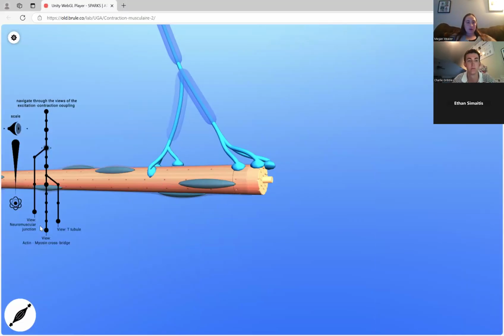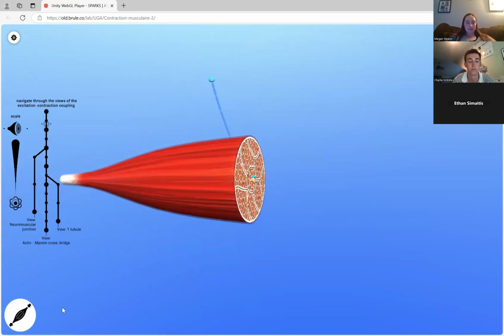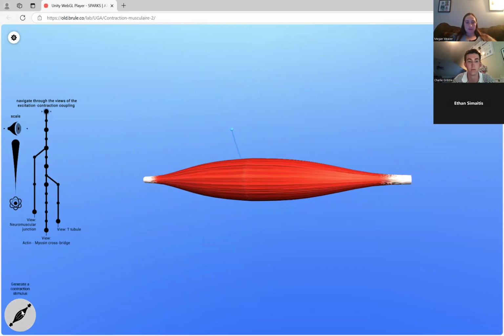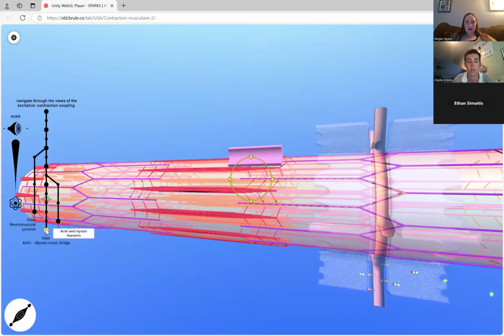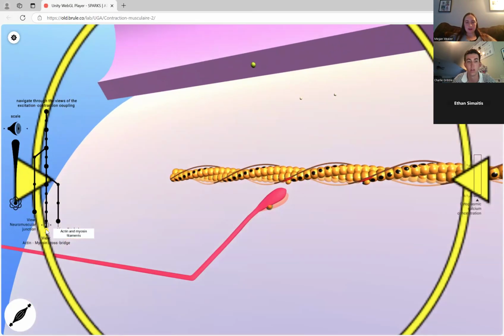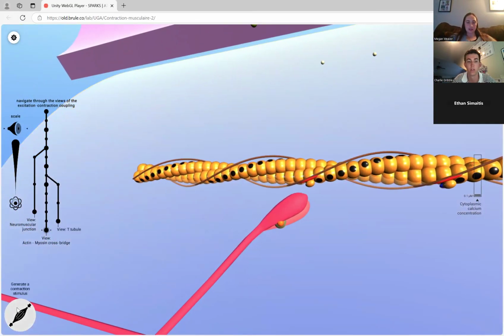Yep. So we are able to see how each muscle contracts all the way from a very big muscle to a very small actin myosin filament. I really like this website as it's very visual and helps me understand what is actually happening.